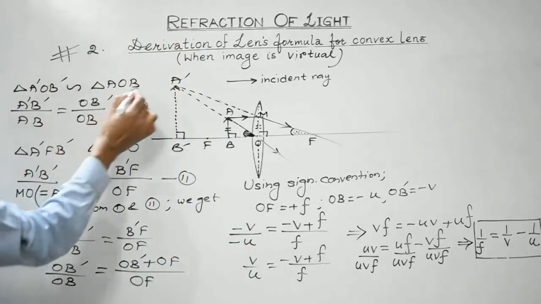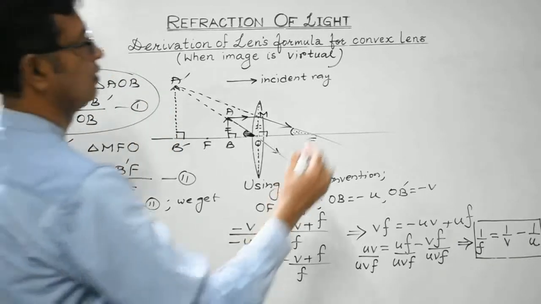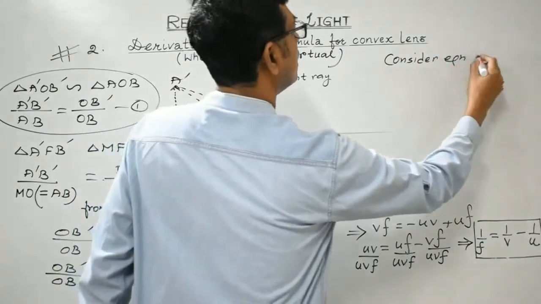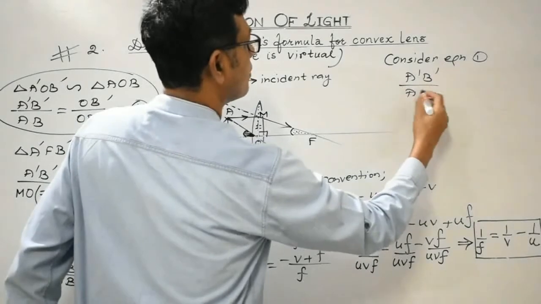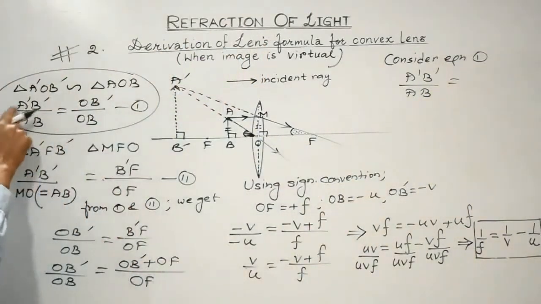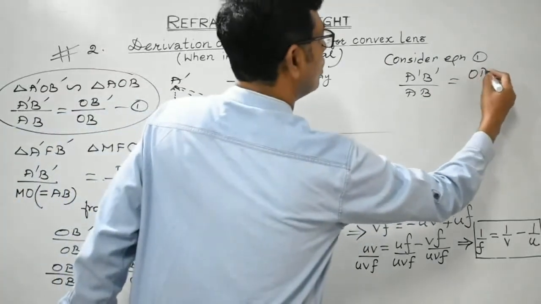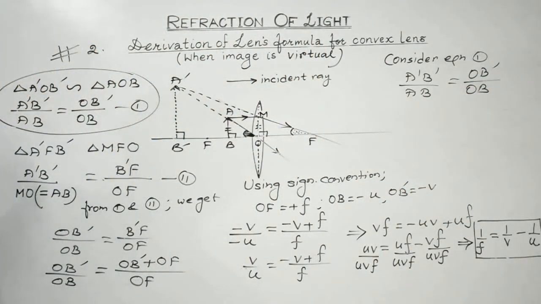So consider equation 1. What you get is A dash B dash divided by AB, which is equal to OB dash divided by OB. Let's make use of the sign convention.